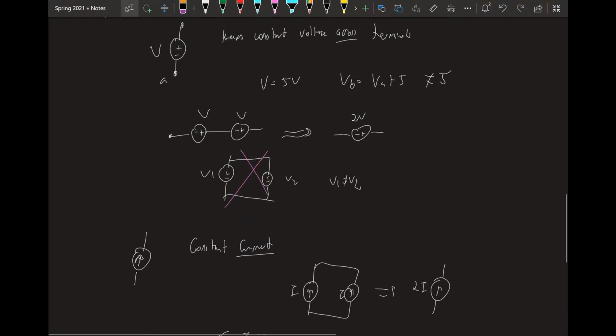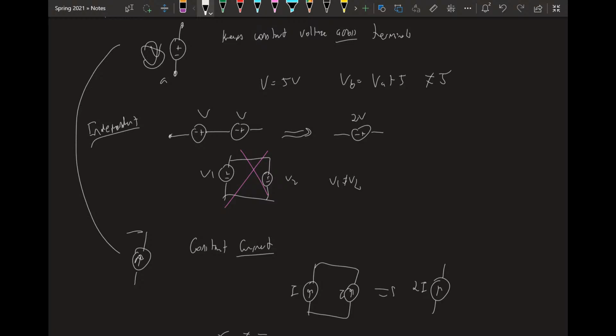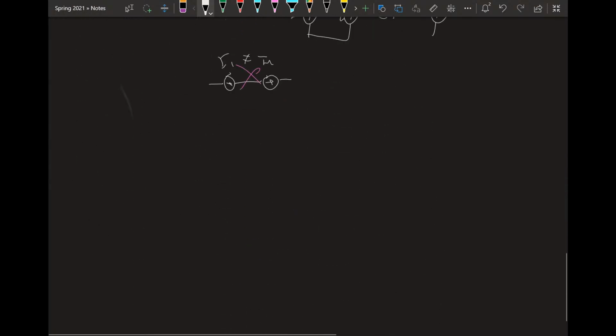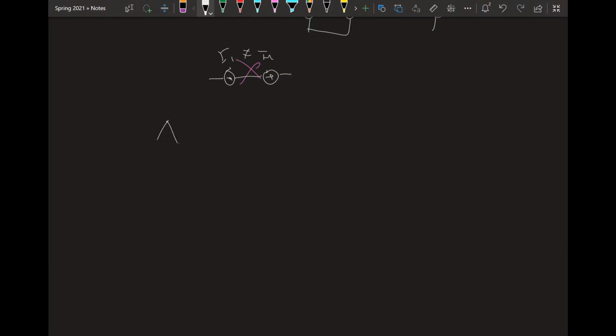The symbols I've drawn here, as you should know, are your independent sources. They don't care about the rest of the circuit. They always do their job, which is keep a voltage or keep a current. You can also draw the same symbols with diamonds, like this, or like this.